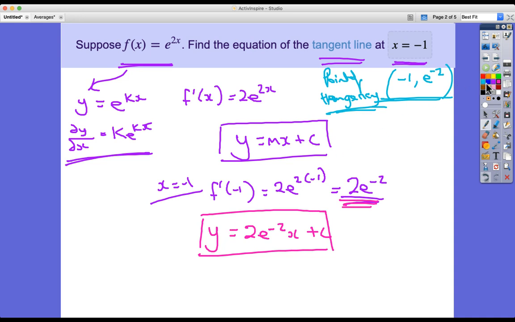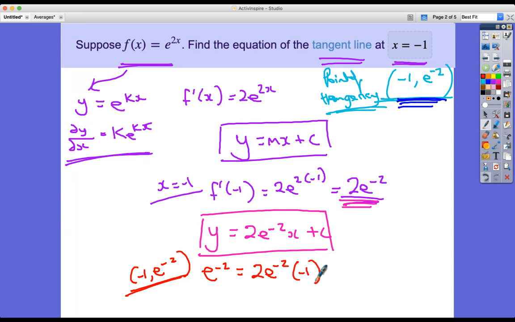And then I just need to go and substitute in the values from up here into my equation. So I've got -1 and e to the -2 to put in. e to the -2 is equal to 2e to the -2 times -1 plus c. Let's simplify that. e to the -2 is -2e to the -2 plus c. Now I've got e to the -2 twice, so if I add 2e to the -2 to both sides, I'm going to get 3e to the -2 as my value of c.